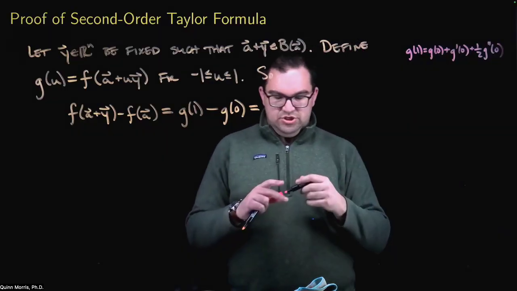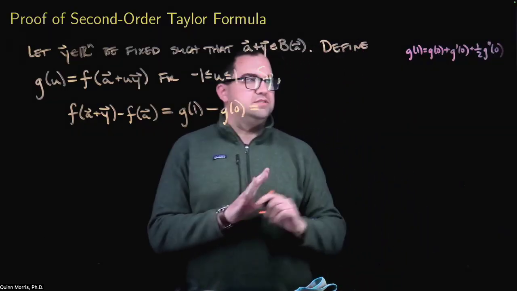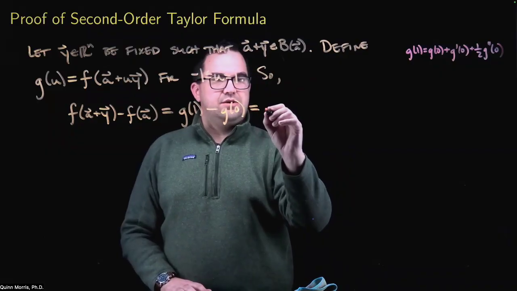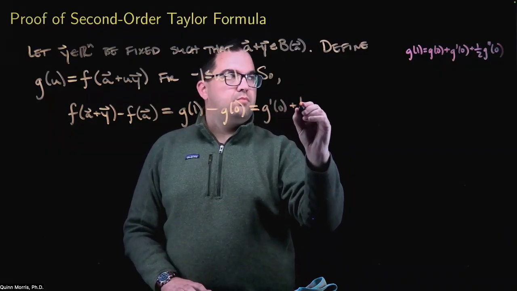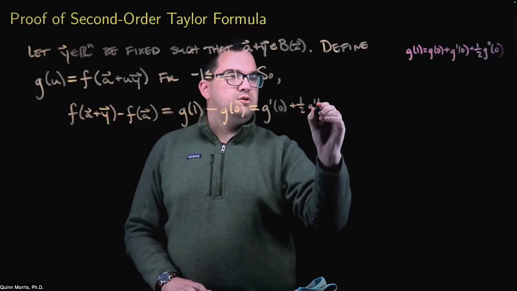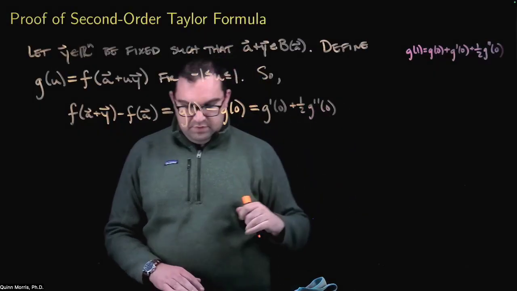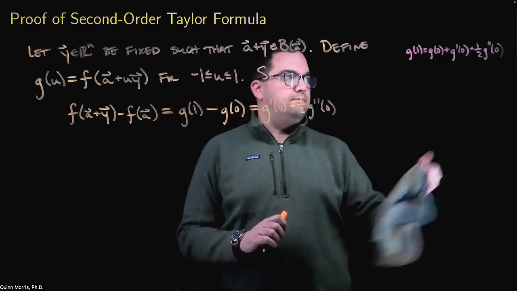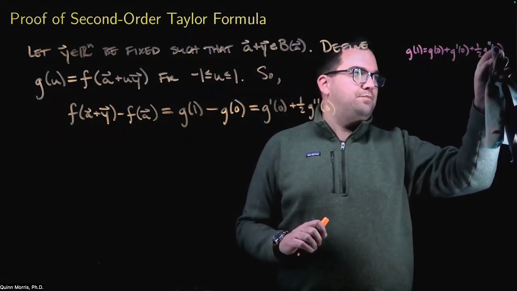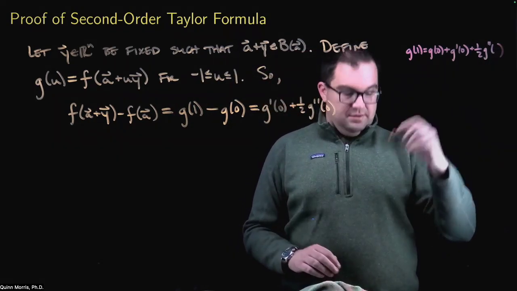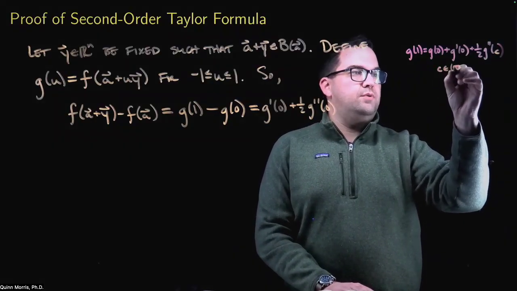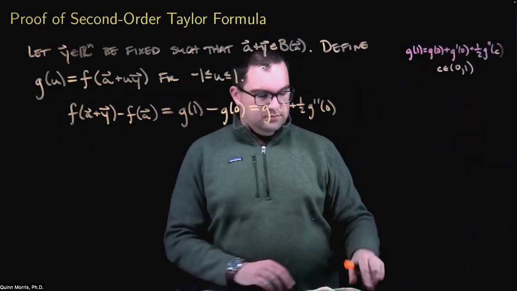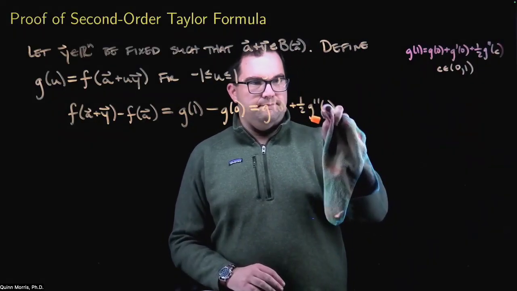So I'm subtracting the g of 0 over, and so what I get is that this is equal to g prime of 0 plus 1 half g double prime of, oh, sorry. If I want this to be equal, this is c for some c between 0 and 1. So this should be c here.